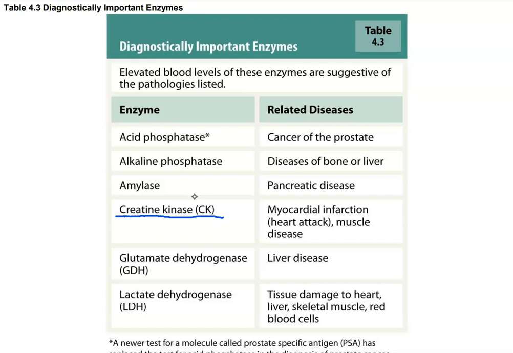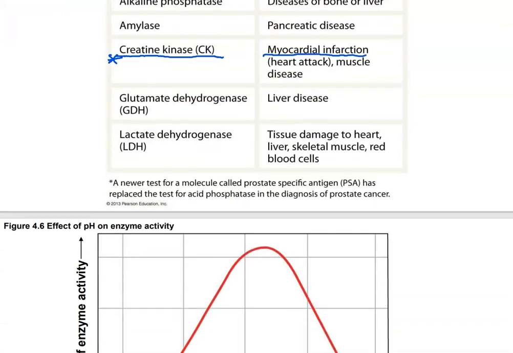Also muscle disease, because muscle contains a lot of creatine kinase, and if muscle tissue is damaged, then it gets released and you can pick up that enzyme in the blood. Here's another one that you may have heard about, glutamate dehydrogenase, liver disease. But I think the one that you should have heard about is creatine kinase, the CK test. This is for myocardial infarction. So let's just leave it at that. This is just a sidetrack here for you to take a look at for some diagnostically important enzymes.